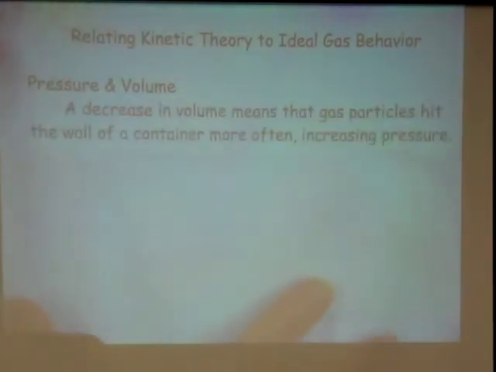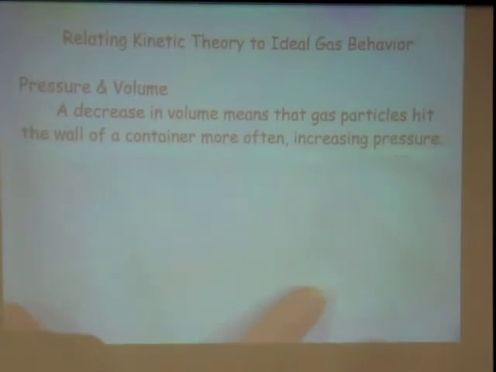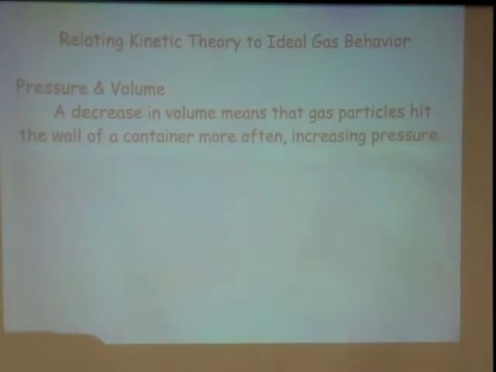And so a decrease in the volume of a gas, so if we're compressing it, means that the gas particles are going to hit the wall of the container more often, and that is going to increase the pressure.